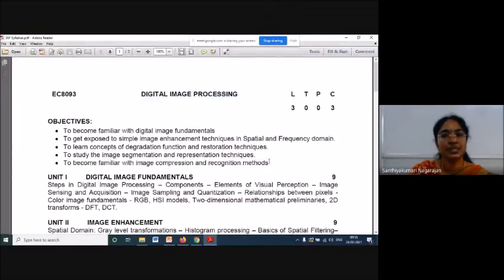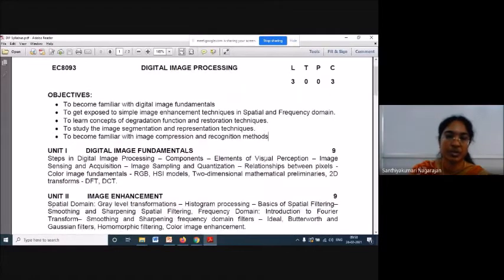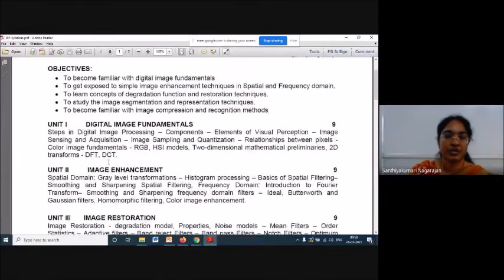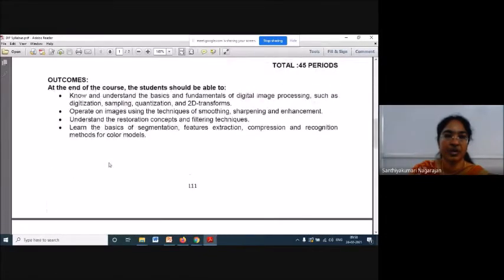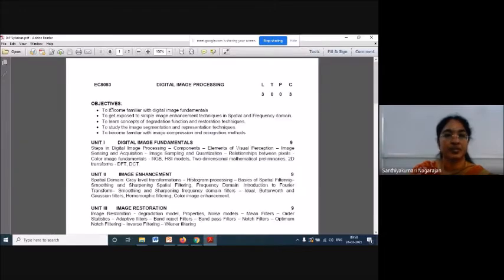It's much simpler and easier for you to score well in this course, digital image processing. While you go through all these 5 units, the ultimate objective is that you become familiar with digital image fundamentals.